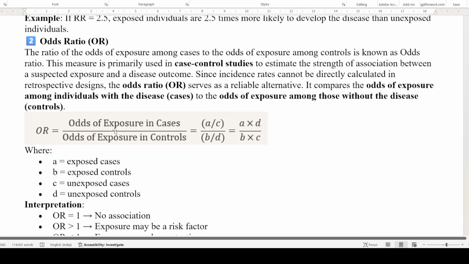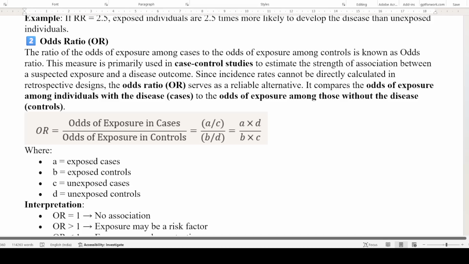Then comes your odds ratio. Odds ratio means odds of exposure in cases over odds of exposure in controls. Now, what does odds of exposure mean? Odds of exposure means A upon C, cases upon controls. We multiply exposed cases with unexposed controls, divided by exposed controls times unexposed cases.